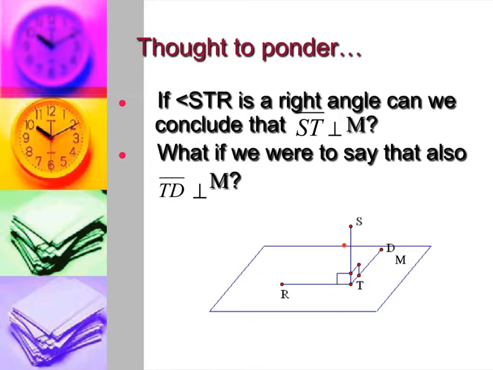It can't go any other directions as well because it's just held vertically with these two lines, okay? So what we have here is actually called our basic theorem, all right? If a line that is passing through the foot of a plane is perpendicular to two lines in that plane, then it's perpendicular to the plane. Okay, we're going to write that down on the next slide here. So this time, we can actually prove that ST is perpendicular to M.